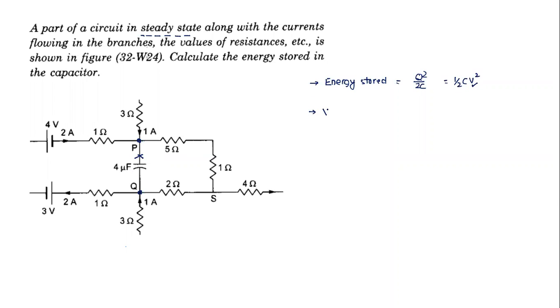So basically I need to find VPQ, the potential difference between the 2 points. How do you find VPQ? I can use Kirchhoff's law. We travel from P to Q along any path.